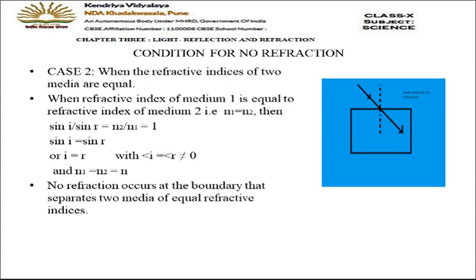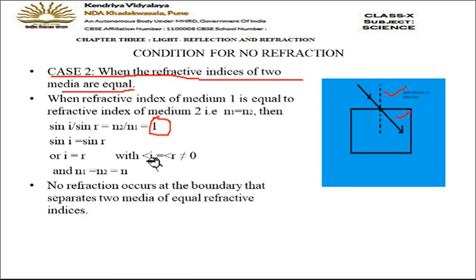Another case is when the refractive indices of the two media are equal. If n2 and n1 are the same, the refractive index of this medium and of this medium are both the same, then n2 upon n1 is 1. Then i is equal to r, with both not equal to 0, which is not possible in case of refraction.